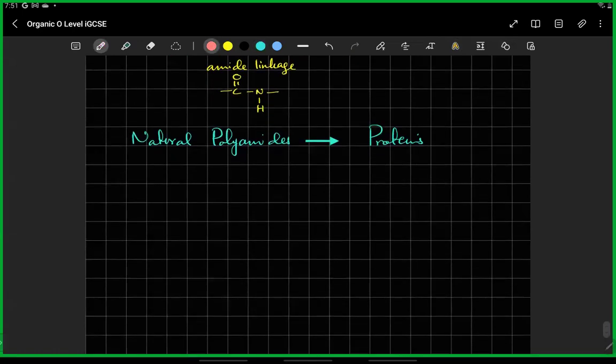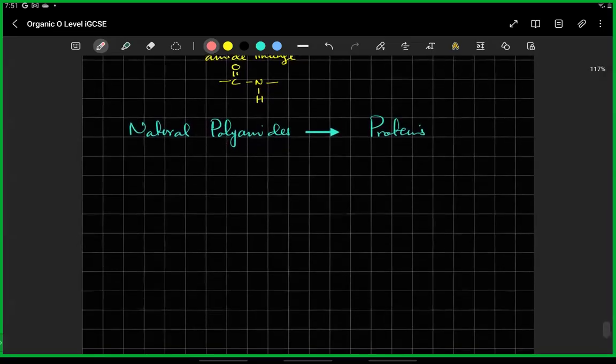Now, the basic building block of pretty much all living organisms, जो basic building block है ना, जो monomer है, हमारे जितने भी cells, skin, our hair, ठीक है, everything, red blood cells, every structure in our body, ठीक है. The basic building block, ठीक है, जैसा घर बनता है ना, it's made out of bricks, ठीक है. So we are made out of a monomer which is amino acid.